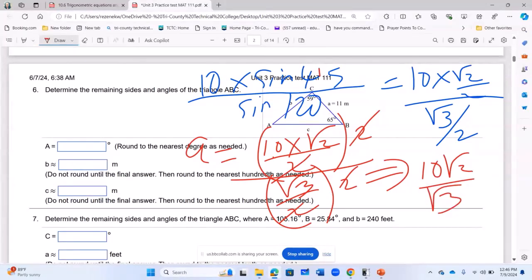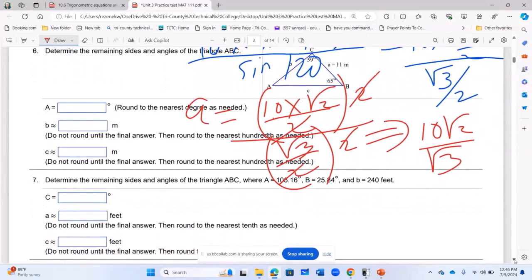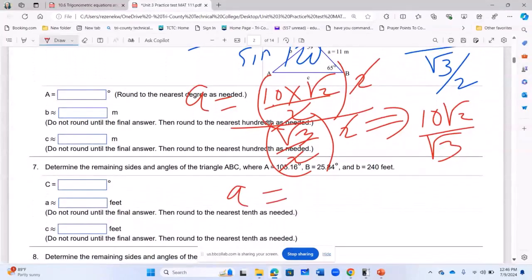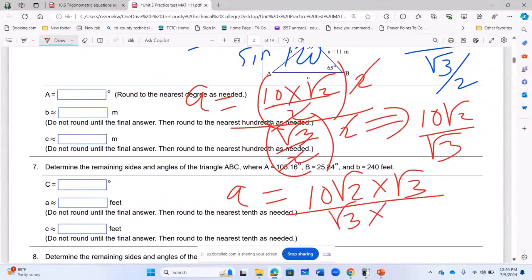Whether I'm told or not, I already know that I should not leave a radical in the denominator. So I have to rationalize the denominator. So I'll bring down that and rationalize. So A is equal to 10 root 2 multiplied by root 3 over root 3 times root 3.